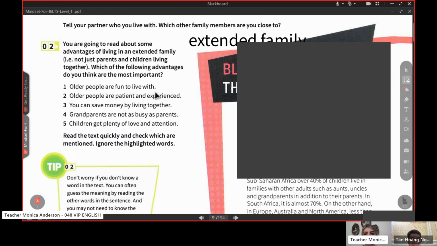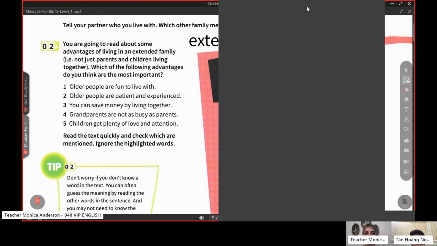It can be an advantage, it's fun to live with your grandparents. Advantage, a good and positive point.